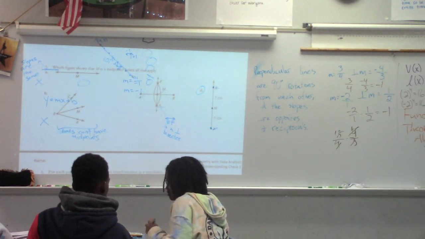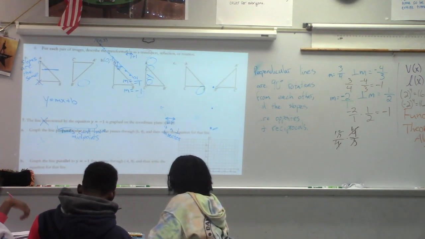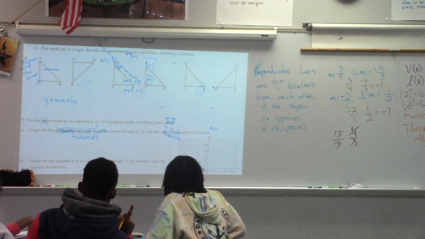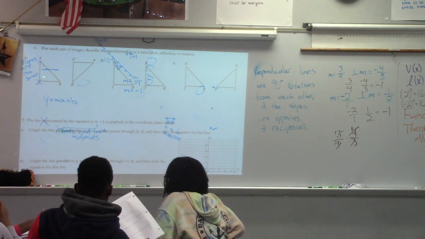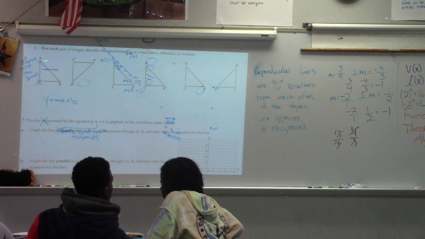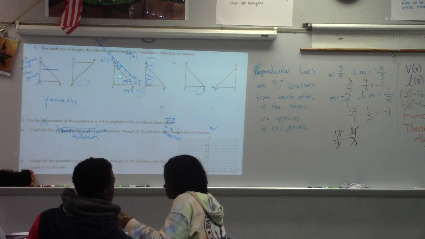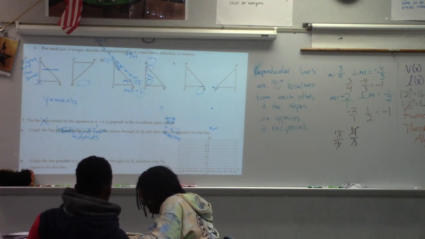All right, we are about to wrap up. I think for the most part, people are okay on number 6, but there was no justification. Number 6, A was a rotation because A rotated over here to B. You could have literally shown arrows with the rotation. B was a translation because it shifted to the right.